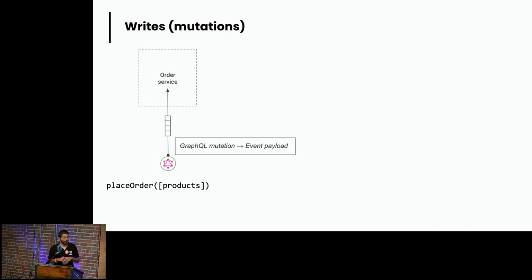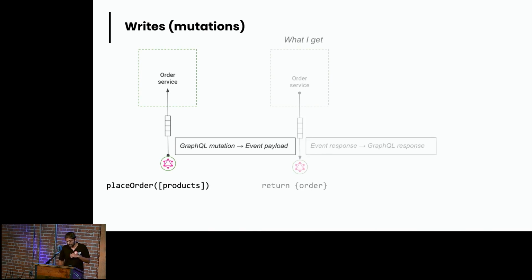So let's say, for example, I have this e-commerce system, and I'm placing an order, and that is a GraphQL mutation for the client, but that's actually an event for some other service, right? It's not necessarily an API call, and then I get an event which is a response back on the queue, which can happen asynchronously.